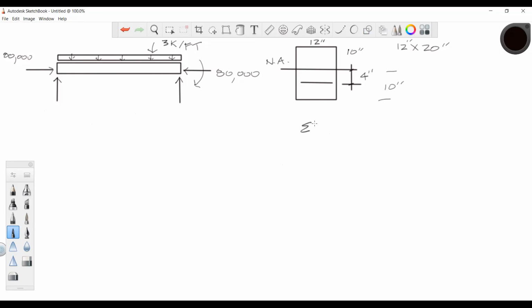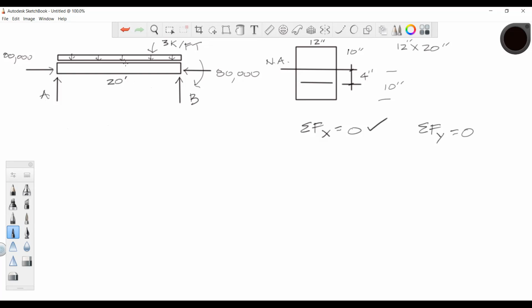Sum of forces in the X equals 0, because 80,000 and 80,000, that's 0. Sum of forces in the Y, if we call this A and we call this B, oh, I need to know one more thing. I forgot to put that down. This is a 20-foot span.